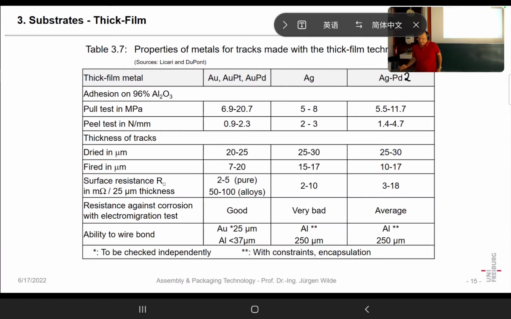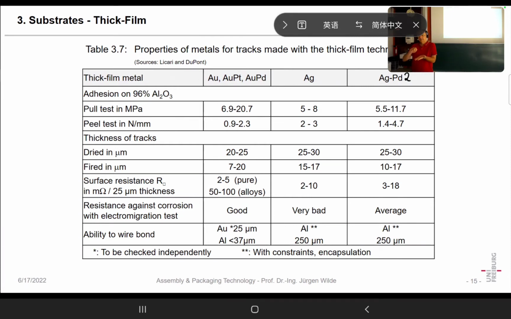For such metallizations, there are certain properties that are important. For instance, the adhesion strength. Strength can either be measured in terms of megapascal, which is a force per area. But for conductors, sometimes we give the peel strength.